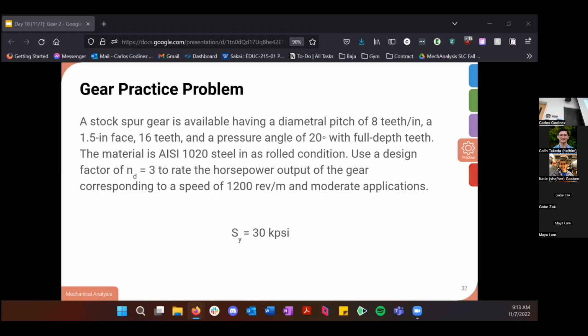To get the pitch diameter, which is the diameter of the circular pitch, you take how many teeth you have divided by your diameter. So you should get a diameter. There are too many terms that are too similar sounding and are basically the same thing.